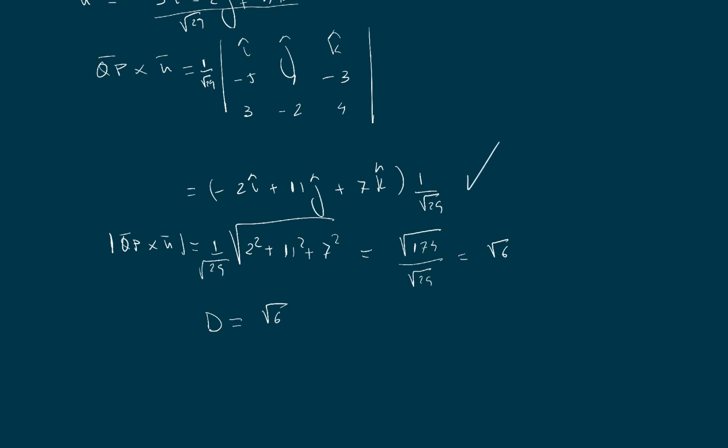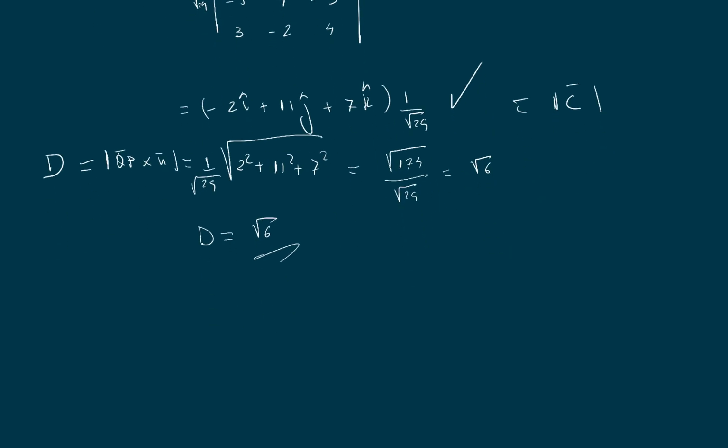Then we find the magnitude of this vector. The magnitude of the cross product of these two vectors is the distance D. It's positive, of course, because the magnitude is positive. If you do the numbers, it will be square root of 6.